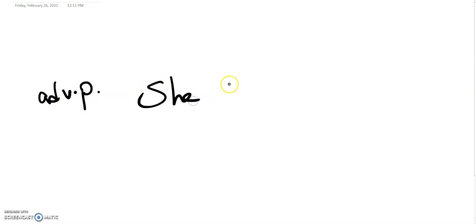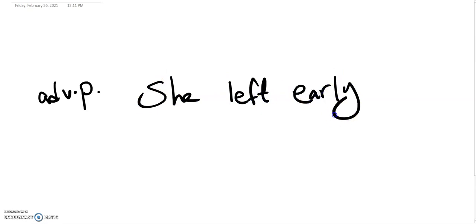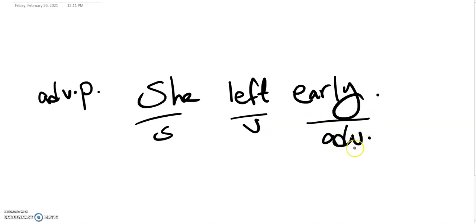Again, once we have an adverb phrase, for instance, suppose that we say she left early. Similarly, we will say that this is a subject, a verb, and an adverb here. Now, this adverb consists of only one word, which is early, so I'll call this an adverb phrase.